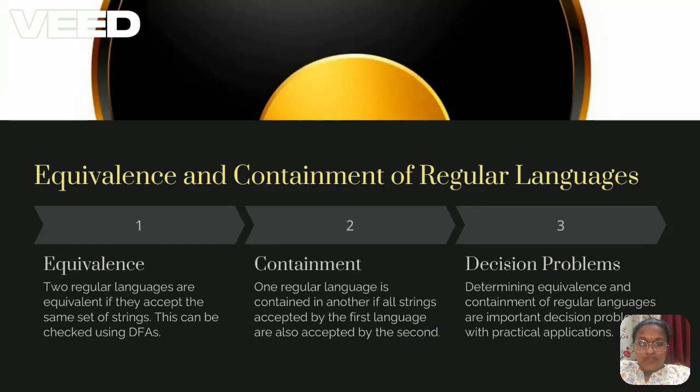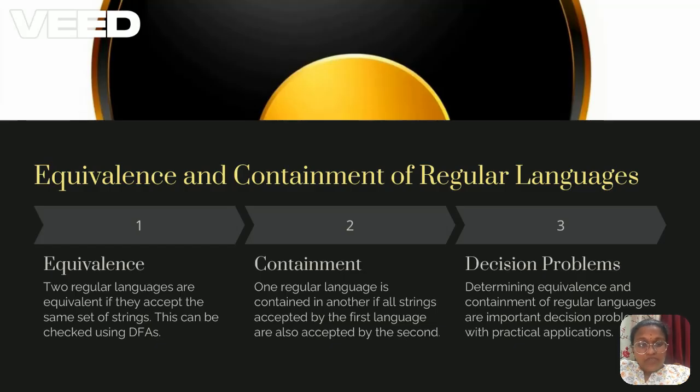The next is equivalence and containment of regular languages. Equivalence: two regular languages are equivalent if they accept the same set of strings. This can be checked using DFAs.